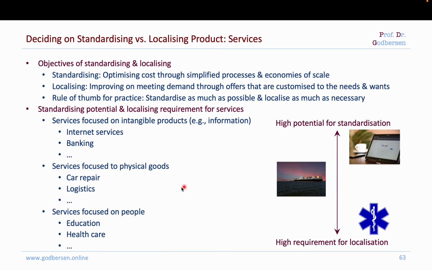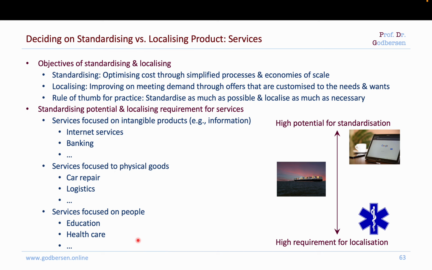Services focused on physical goods are somewhat in the middle. Of course, the physical goods have to be brought from A to B with logistics. But logistics are very much standardized. Just think of the containers. They're all standardized, they have standardized measures.